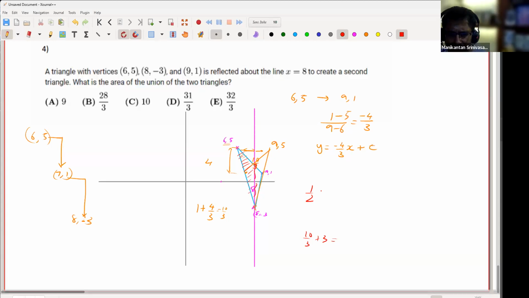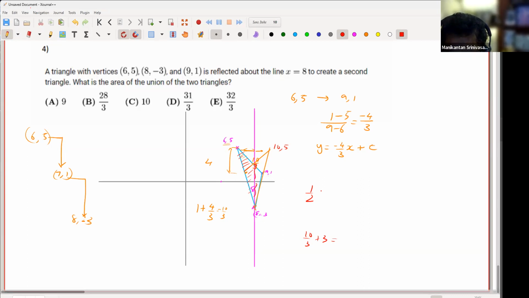So 10 by 3 plus 3 is the base, right? Am I doing some mistake? Probably. Oh, okay. All right. I made a mistake probably here. It's 10, 5. Okay, so this is 9, 1. So this is 5, 4, 1/3, 1.